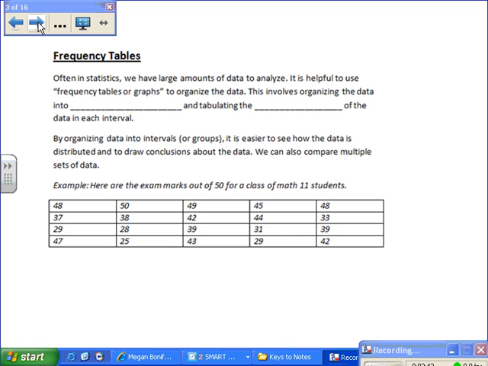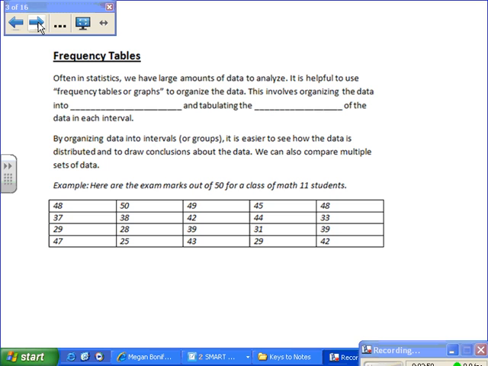Often in statistics, we have many data values that we have to either use or analyze. And so it's easy when you're looking at, say, 10 different data values in a table to say how frequent one of those data values is.